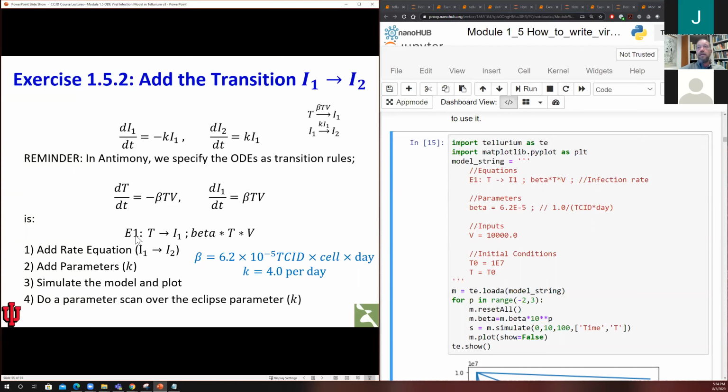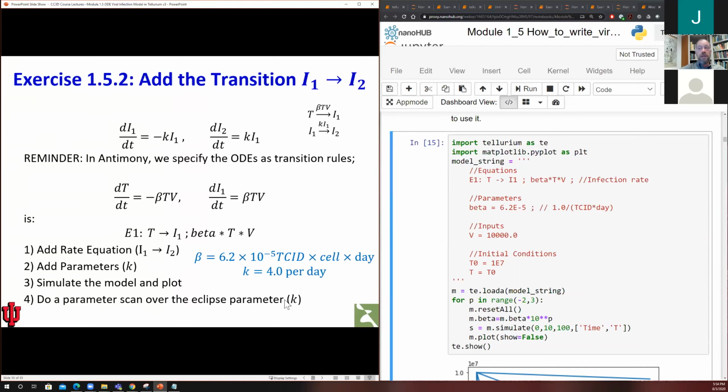We write that, this should really be E2. E1 is T goes to I1, and then we're going to add a rate equation, I1 goes to I2, and we'll have to specify the initial value of I2 and the value of the parameter, and I want you to now simulate that and plot it.